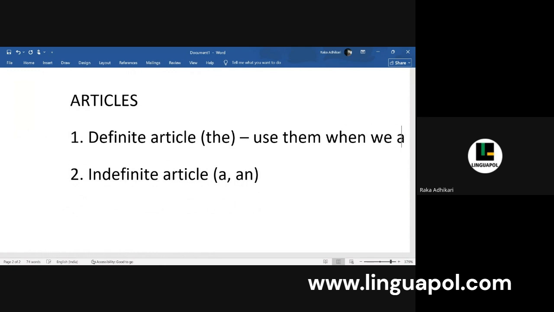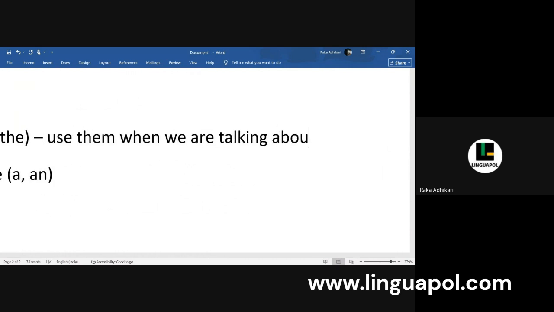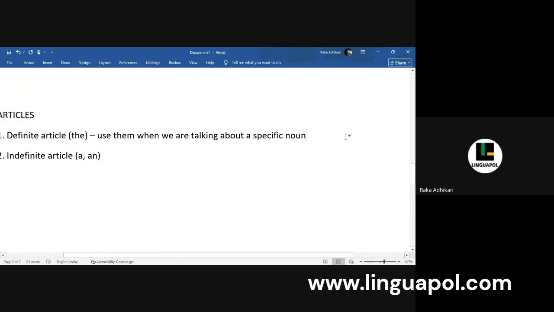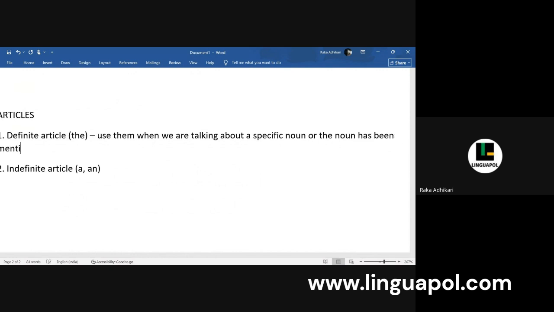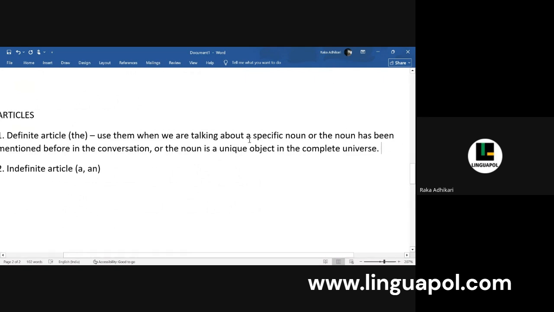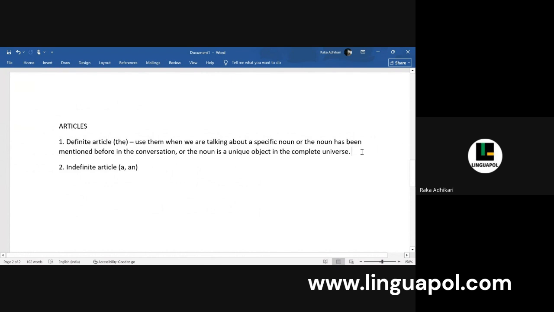When we are talking about a specific noun or the noun has been mentioned before in the conversation, or the noun is a unique object in the complete universe. That means it is only one in the complete universe. Let us see some examples.